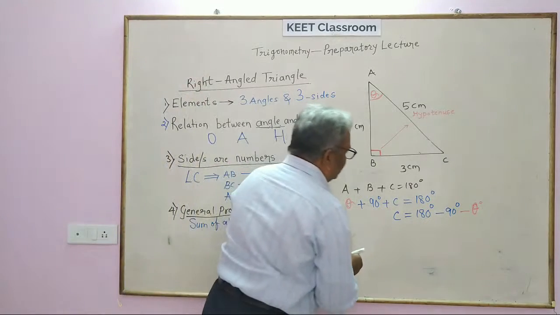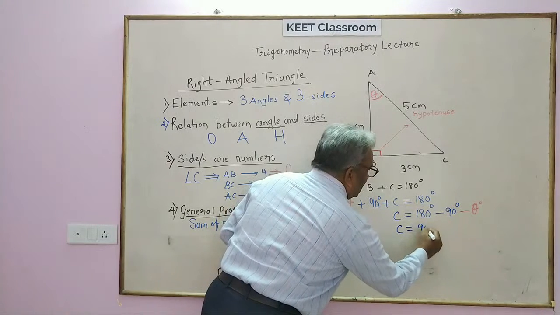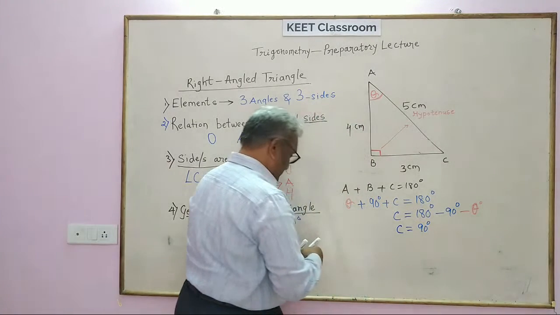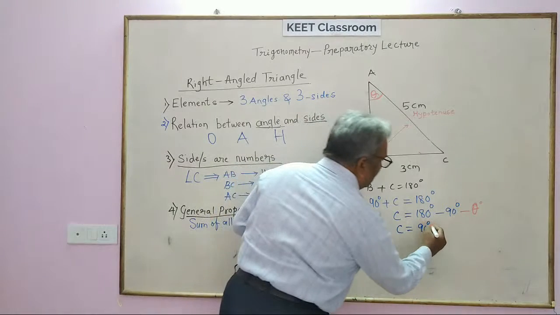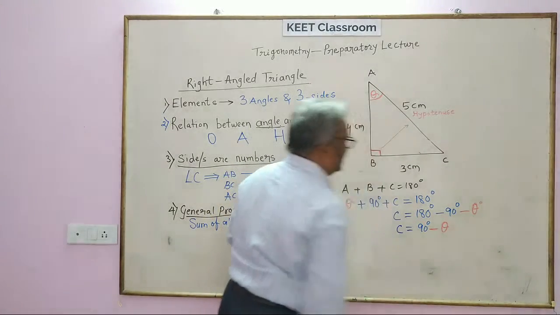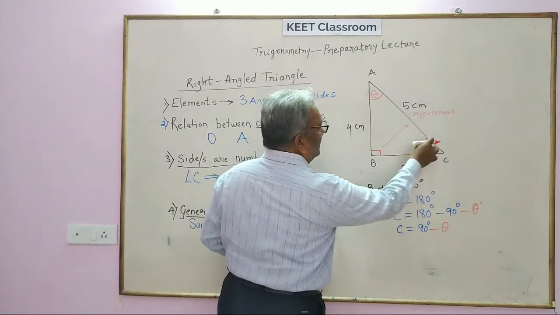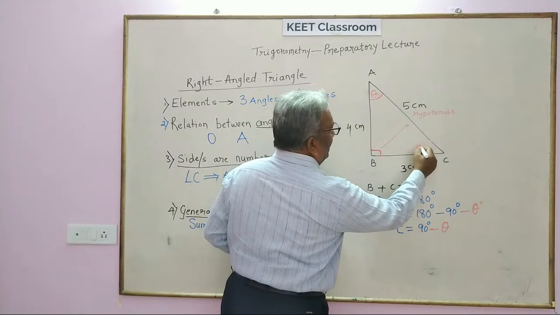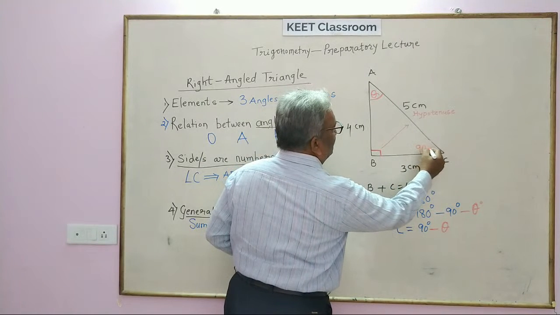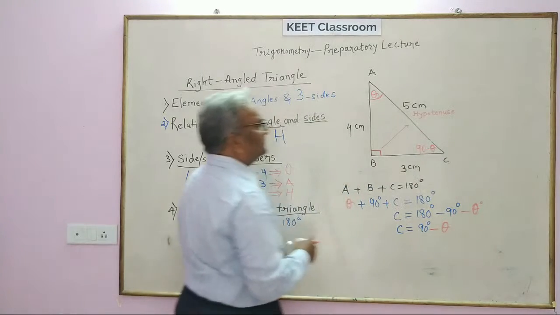Further calculating, angle C is equal to 90 degrees minus theta. So your angle C is 90 minus theta.